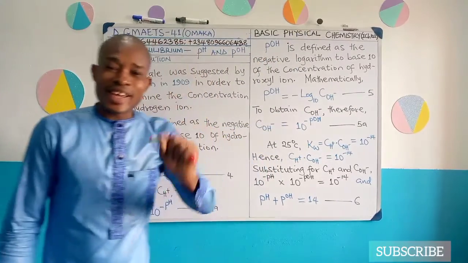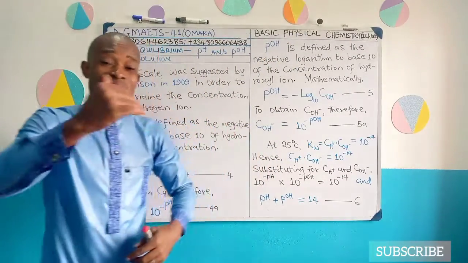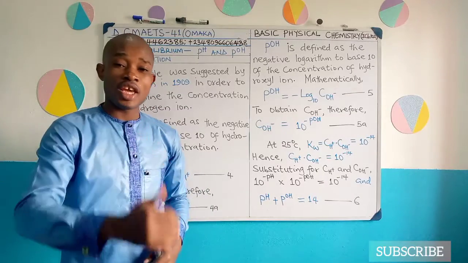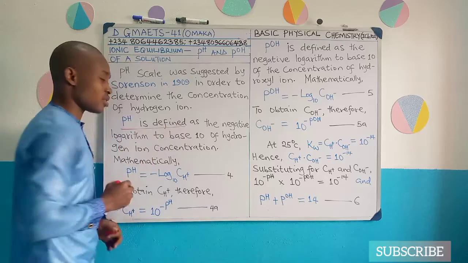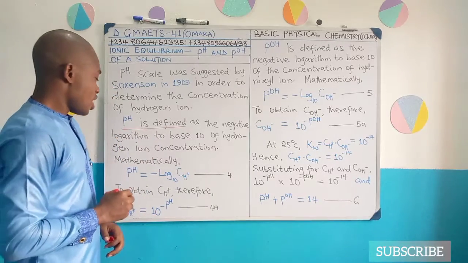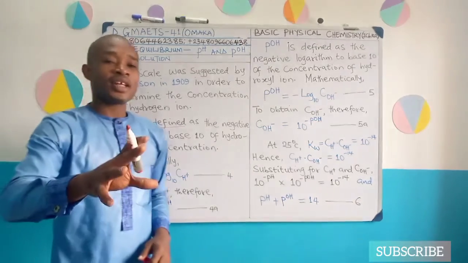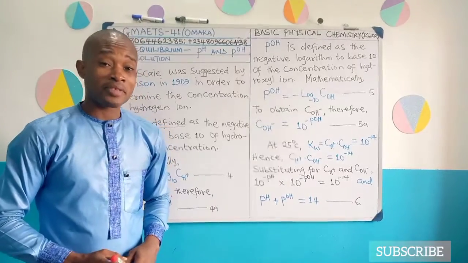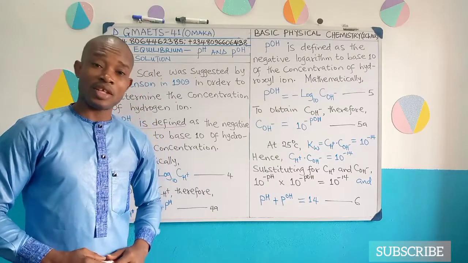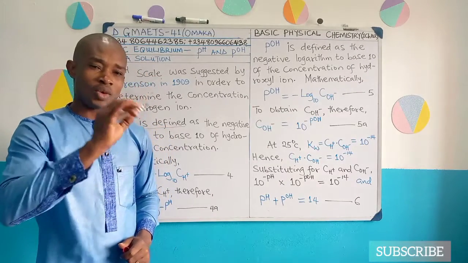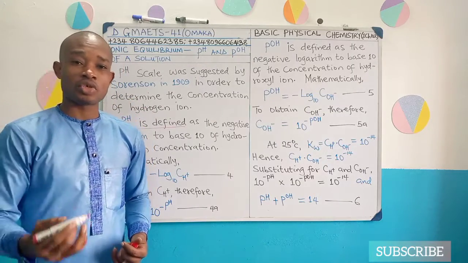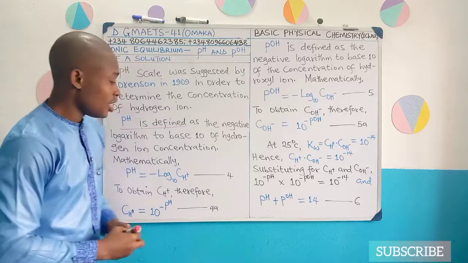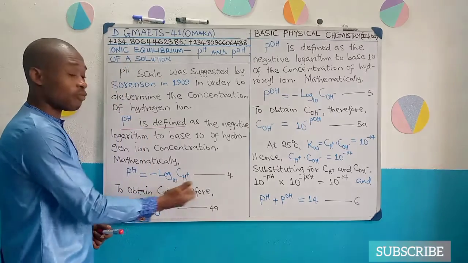Once again, negative logarithm to base 10 of hydrogen ion concentration defines our pH for us. Is that okay? And then, following that definition, we can write a mathematical equation for pH. Simply that pH is equal to minus log of hydrogen ion concentration to base what? 10. That's what we have in equation 4 here.